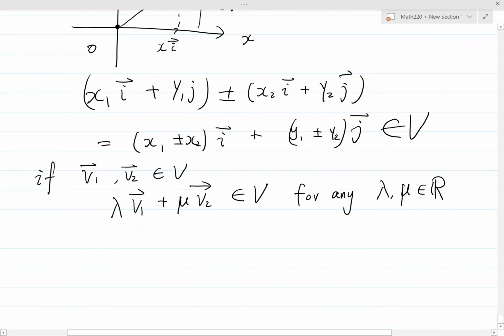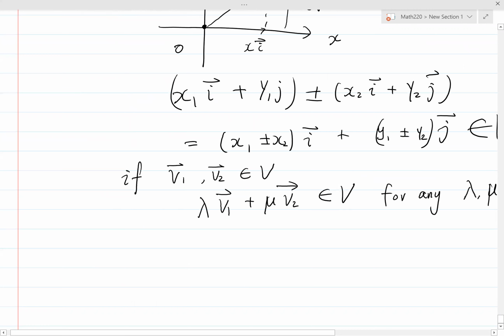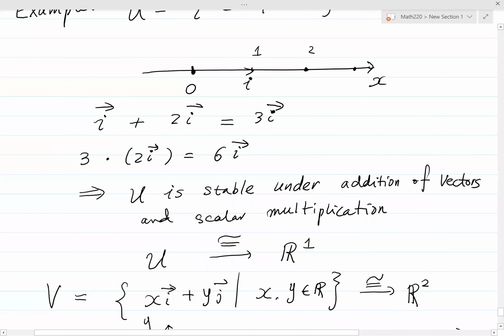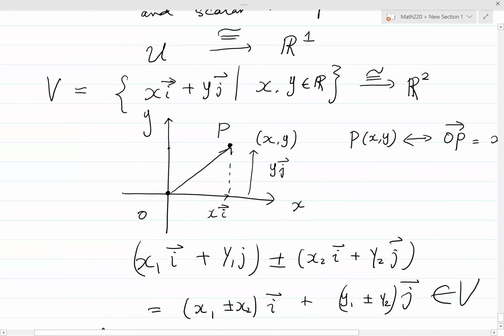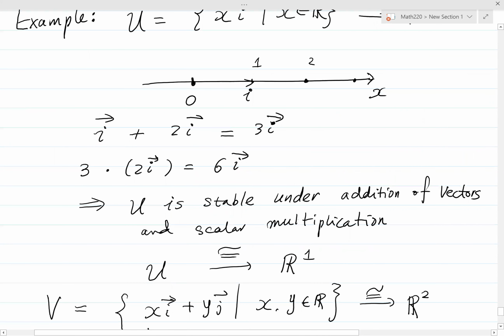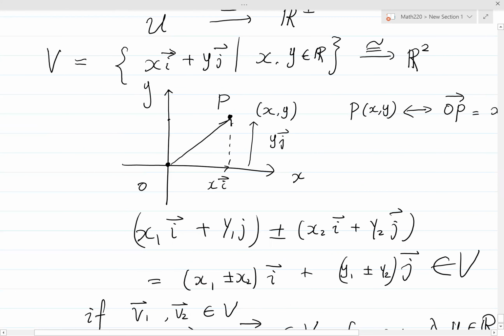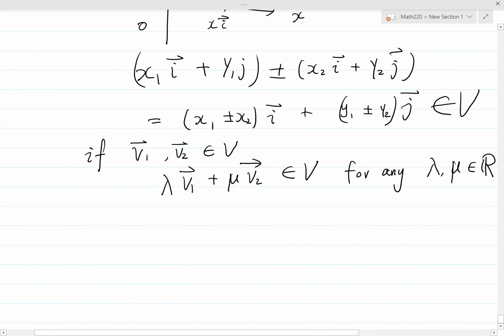Now you see, we can embed a line into the xy plane. So in the first example, the space U is strictly contained in the space V. In this case, they are both vector spaces, and then we call U a subspace of V.